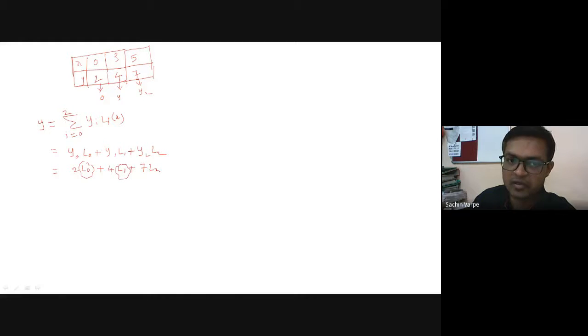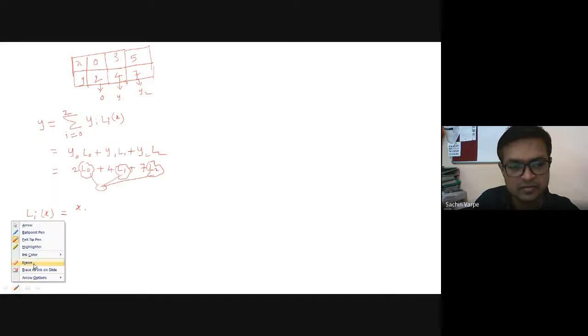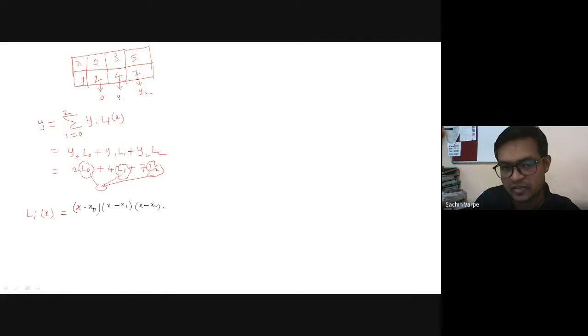Now you might be thinking, what is this l0? What is this l1? What is this l2? These li's are called Lagrange's polynomials, where the formula for li of x is: x minus x naught, x minus x1, x minus x2, and so on, x minus xi minus 1, x minus xi, x minus xi plus 1, and so on, up to x minus xn, upon the denominator.